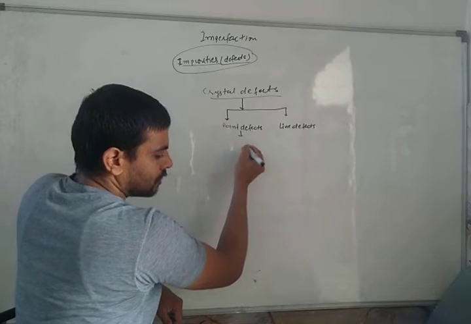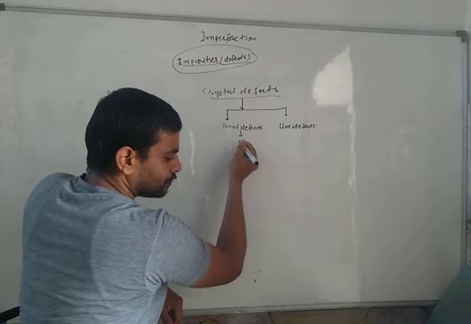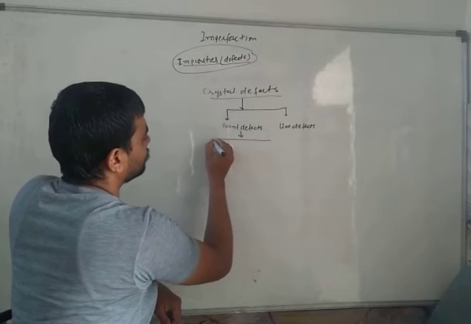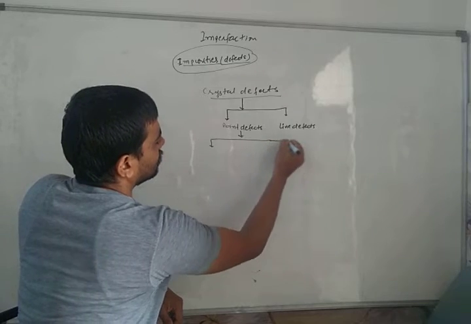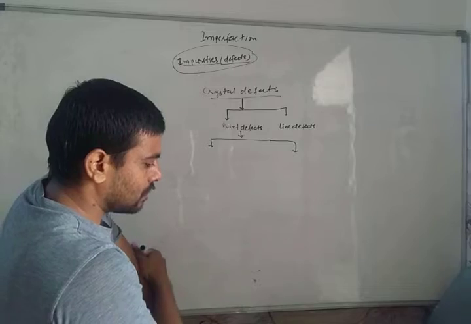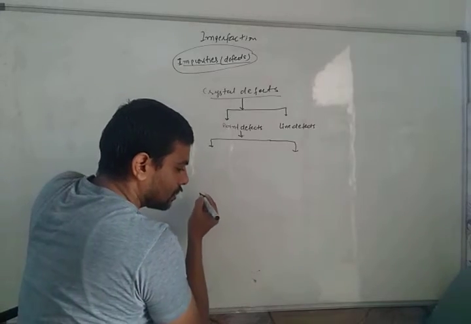Point defects are further classified into two groups: stoichiometric defects or non-stoichiometric defects.